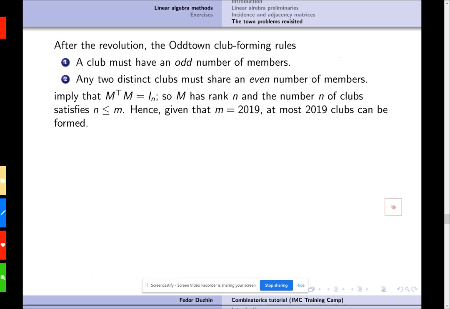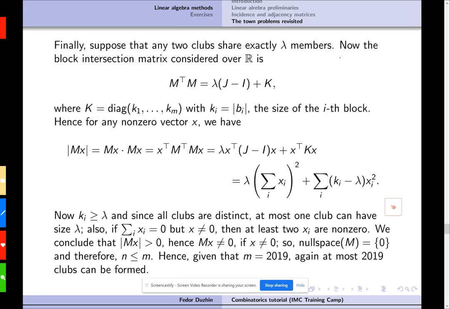Well, and the third version is even harder. I have no idea how to do the third version combinatorially. But in terms of linear algebra, it's not as simple, but it's doable, right? So now suppose that any two clubs share exactly lambda members.